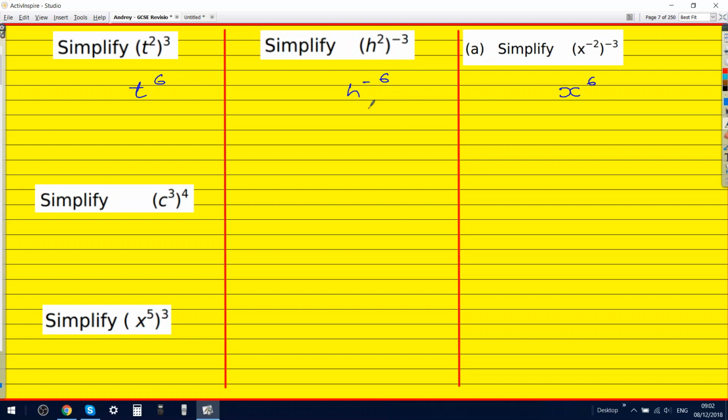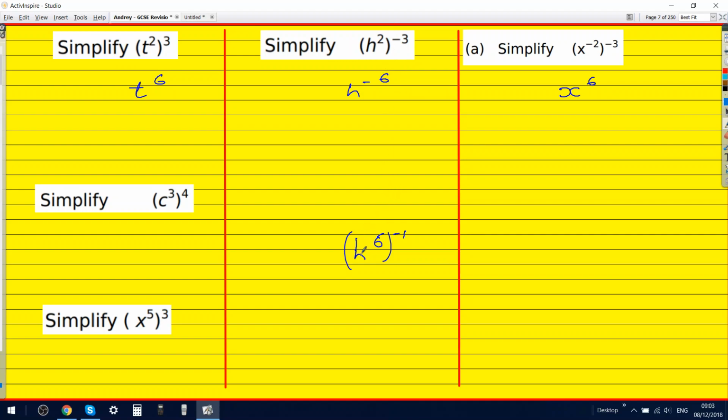Is there any other way to write h to the minus 6? Would it be like minus h to the power of 6? No. If we wrote it in the bracket notation they had, different numbers they could have used would be 6 and minus 1. Those are multiplied to give minus 6 as well.